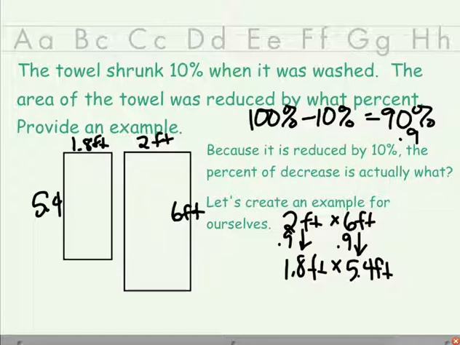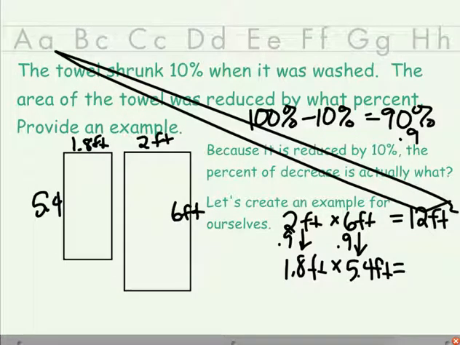Now let's think about the area. In the first case, 2 feet by 6 feet, I have an area of 12 feet squared. And if I multiply 1.8 by 5.4, I end up with 9.72 feet squared. Now the question is, is this also a reduction of just 10%?